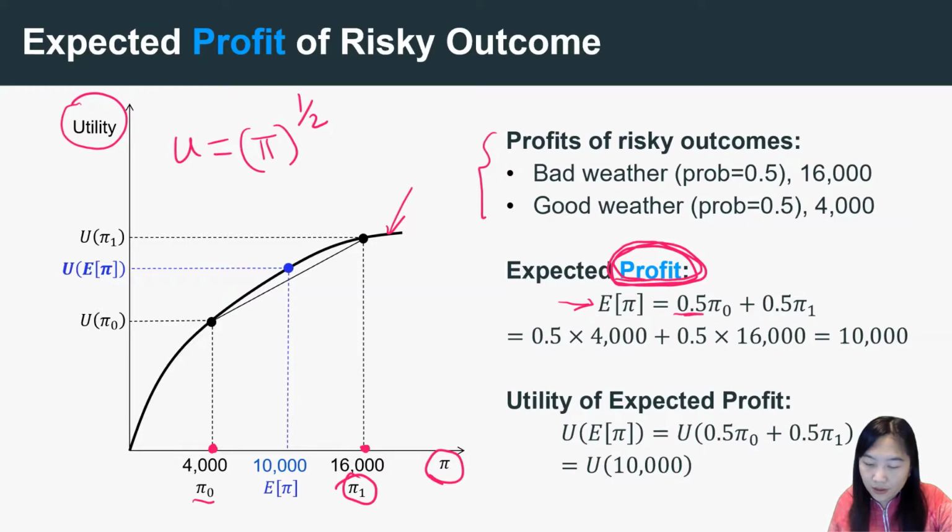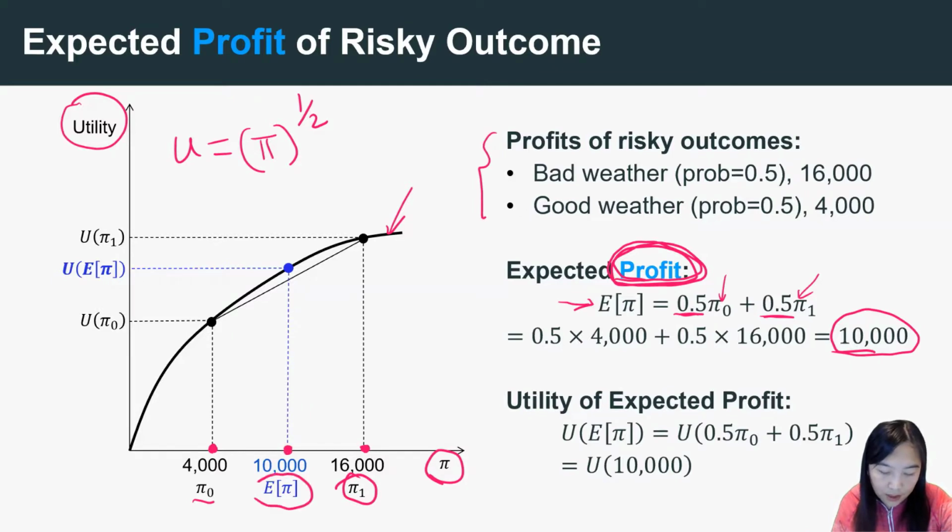So here, those 0.5 are the probabilities of good weather and bad weather, this is the profit under bad weather, and this is the profit under good weather. If you calculate that, then your expected profit is 10,000, and that's this value here. So this is the expected profit.